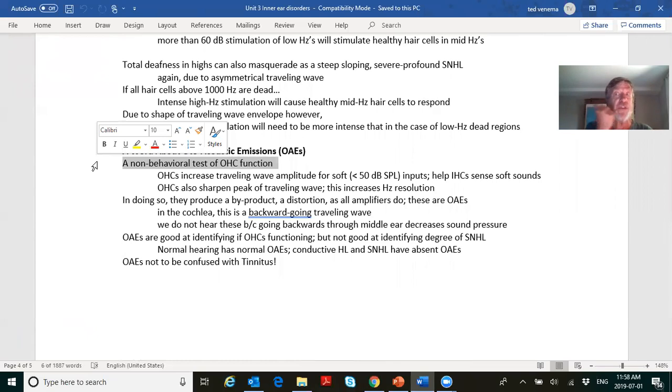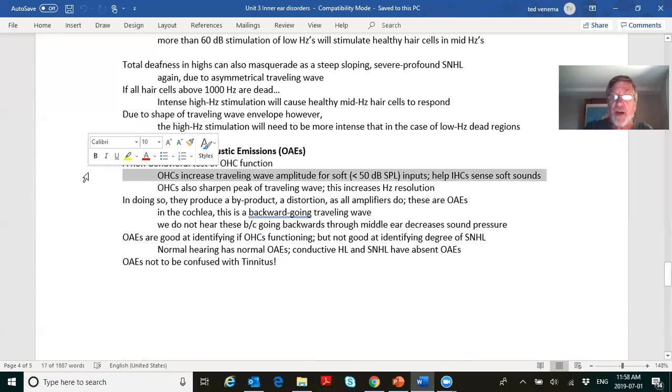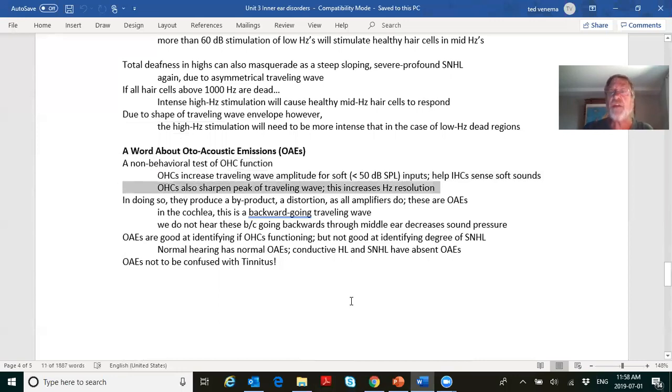OAEs are actually sounds coming out of the ear. Never confuse them with ringing in the ear, tinnitus. Tinnitus is subjective. Only the person hears it. OAEs are objective. Outer hair cells increase the traveling wave height, amplitude, and they sharpen it. And that does not come without a cost. Work creates sweat.